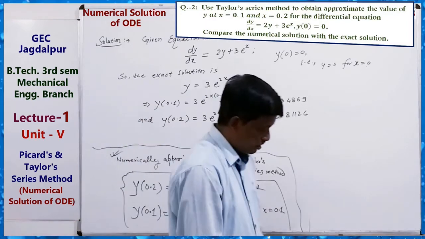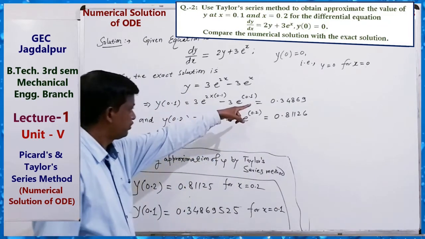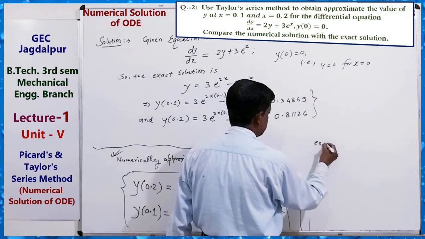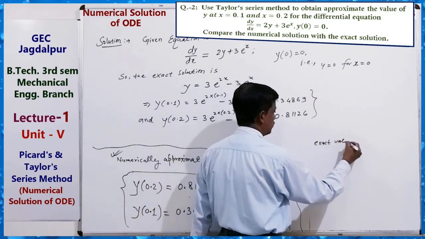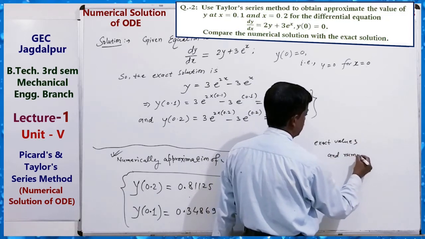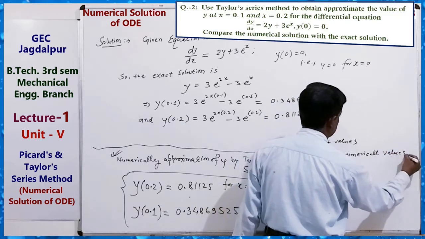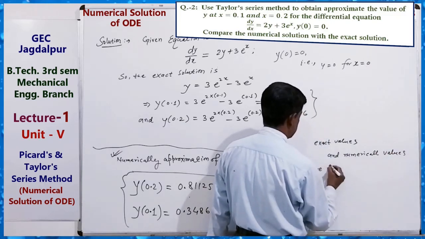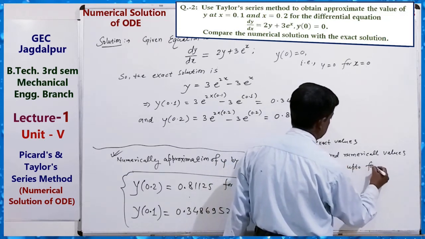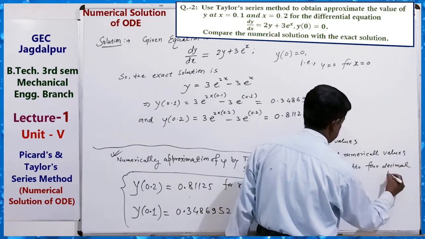Okay. So, which is the exact value? These are the exact values. We see that exact values and numerical values are the same up to 4 decimal places.